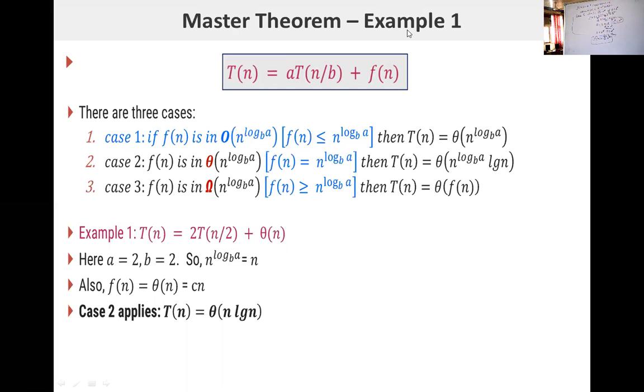Okay. Now let's do case 2. For case 2, first of all, let's write down the condition and then we will do it. The second case says T(n) will be equal to theta of n raised to power d log n, with a equal to b.